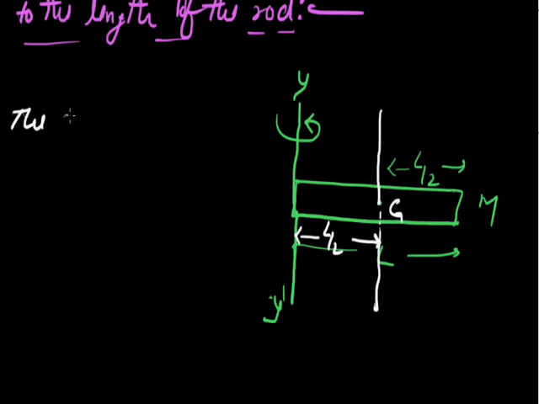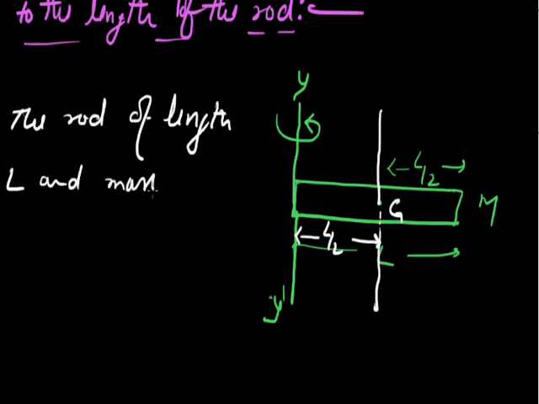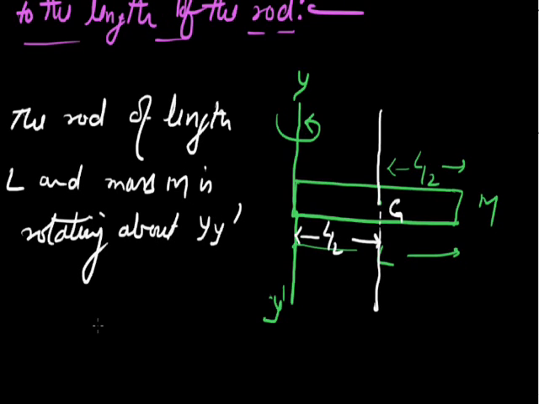The rod of length L and mass M is rotating about y dash. We have to find the moment of inertia of this rod about y dash.